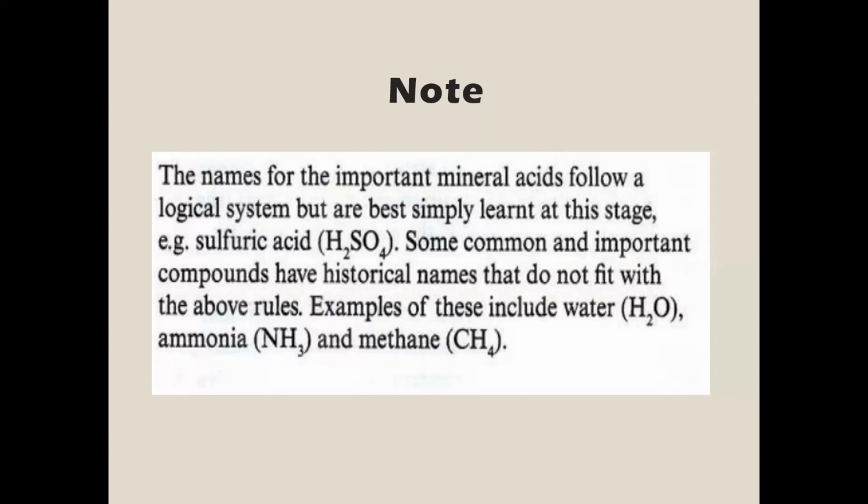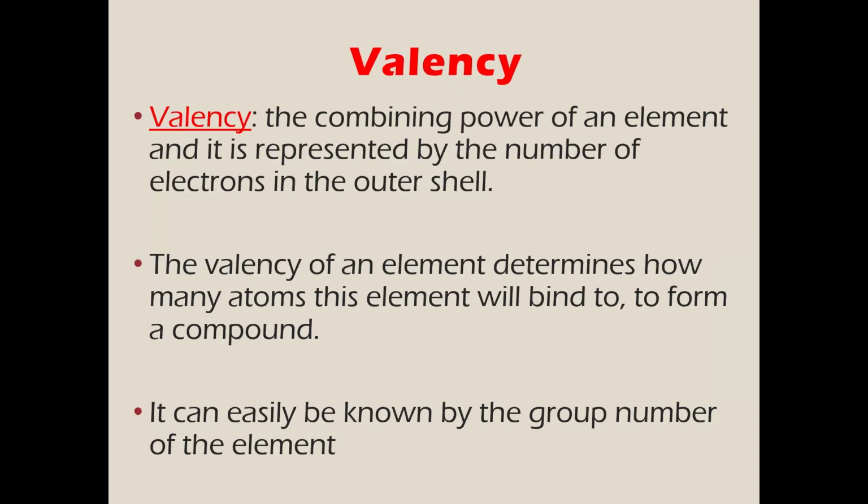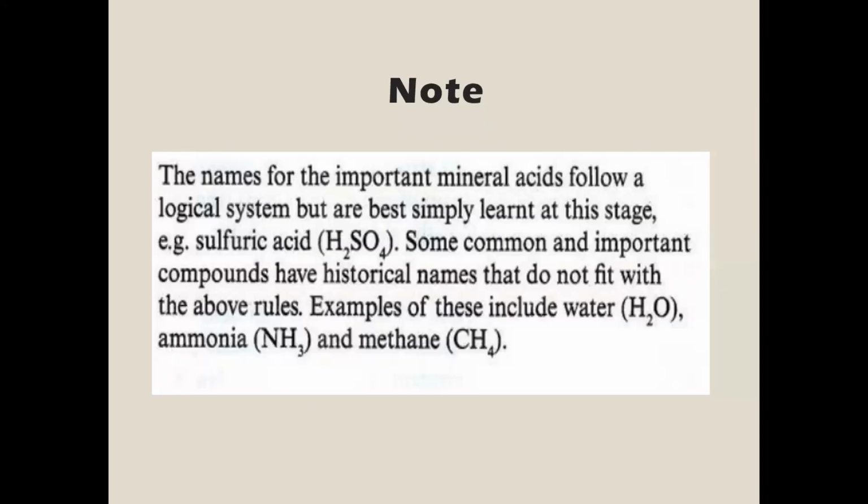Hydrochloric acid. Carbonic acid. So they are logically named, and we will learn these names by practice. Keep in your mind sulfuric acid, hydrochloric acid, nitric acid. These are the famous and common names for these mineral acids.